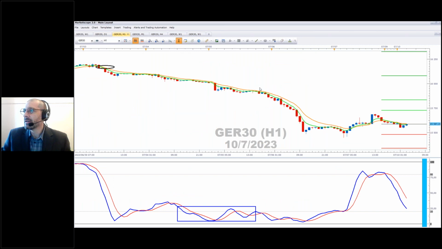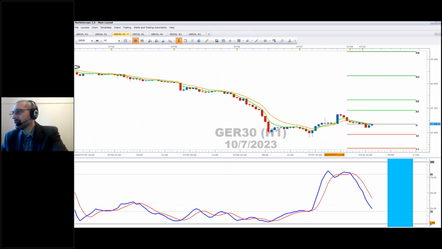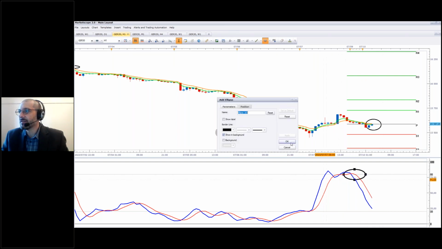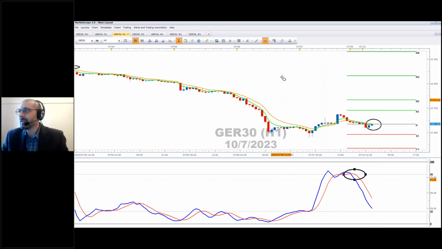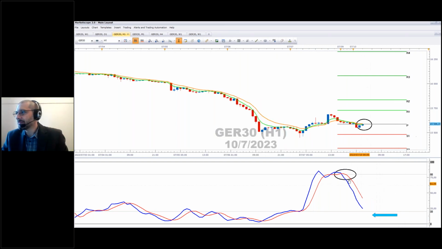What we've got to watch for here, let's just clean this up. You can already see that we've got a bearish cross here. So if we get angle and separation to the downside, we've got a bearish cross on the stochastic. It's looking quite rickety, so to speak.